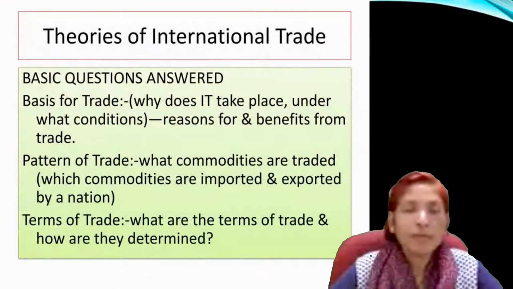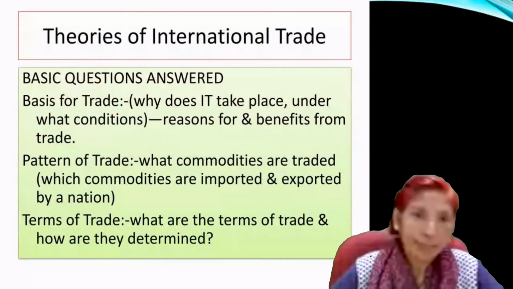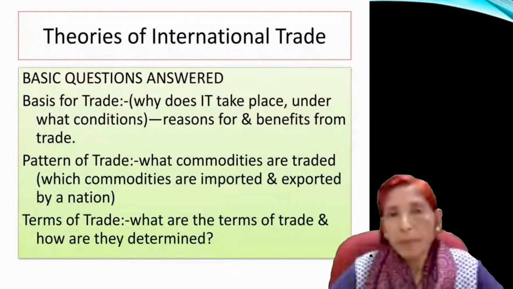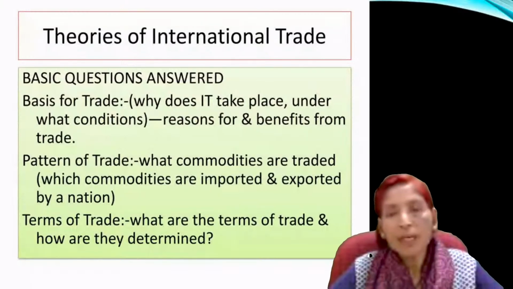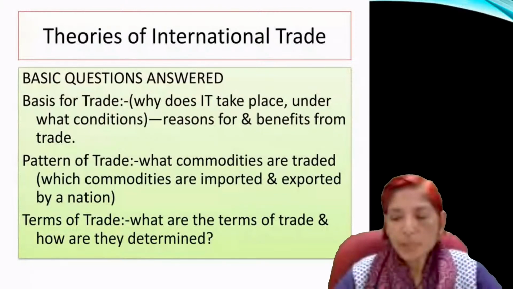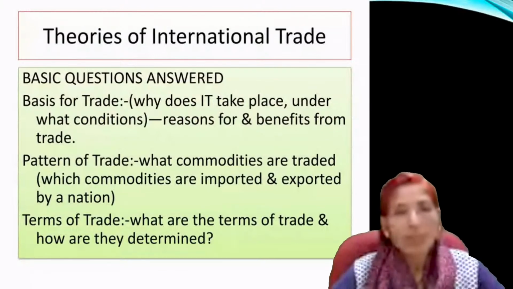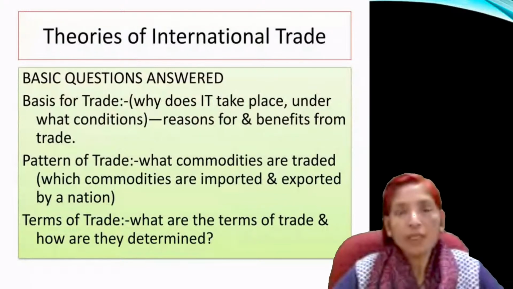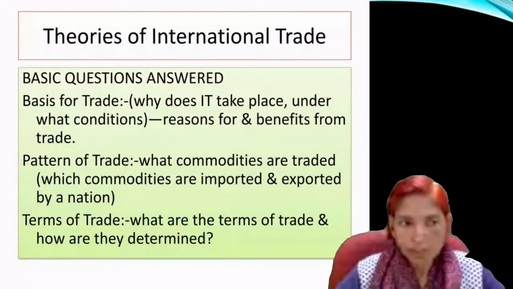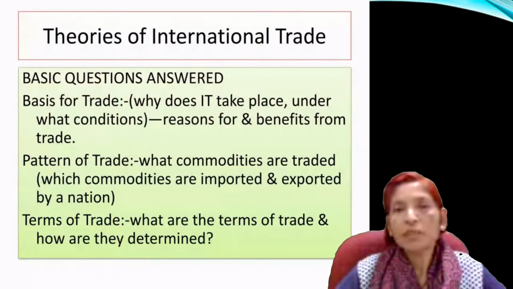If terms of trade are unfavorable, then international trade will be adversely affected, and it depends upon the price of exports and the price of imports. If the price of exports is more than the price of imports, then terms of trade will be called favorable and vice versa. So international trade theory is based on these different questions: why does international trade take place, under what conditions, what benefits can we get, what is the pattern of trade, and what are the main terms of trade?